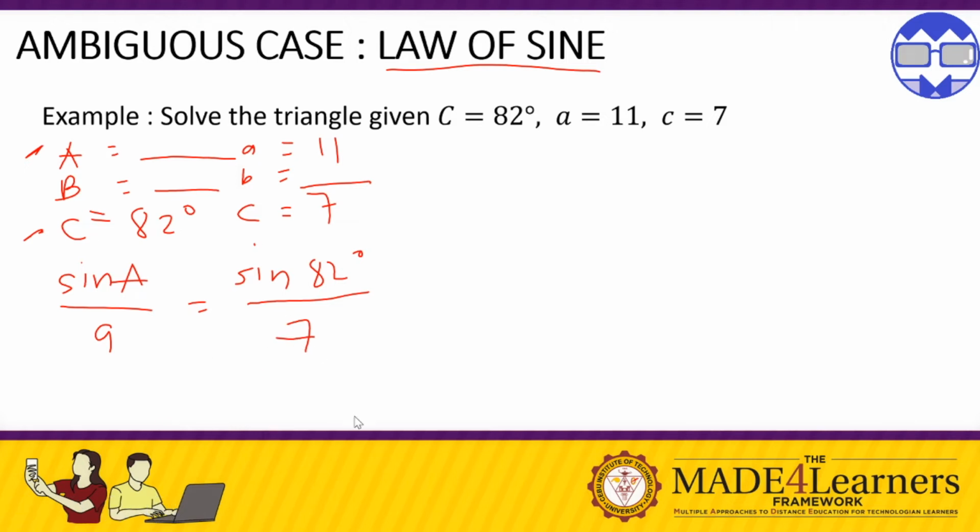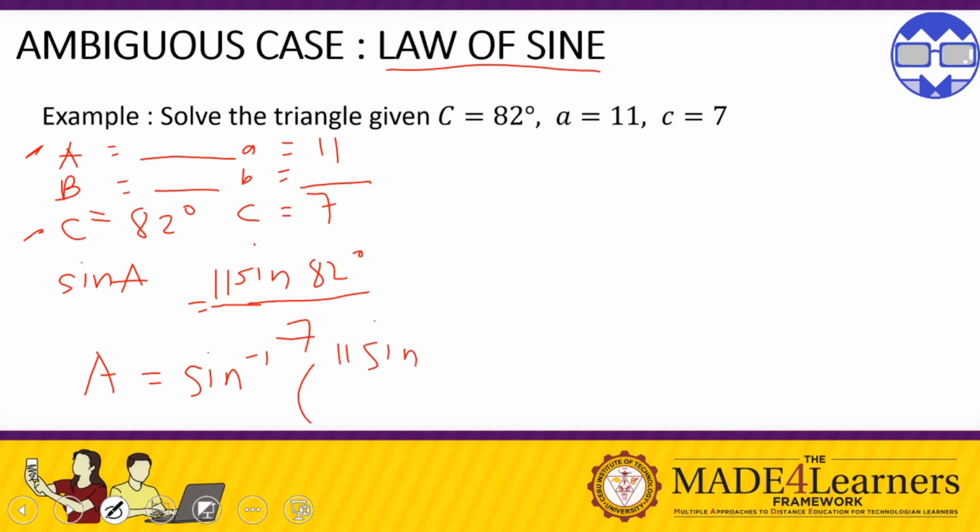We know that A is 11, so cross multiply, and we'll have 11 in the numerator. Solving this will give us A equals arc sine of 11 sine 82 degrees all over 7. Okay, so where is the calculator?